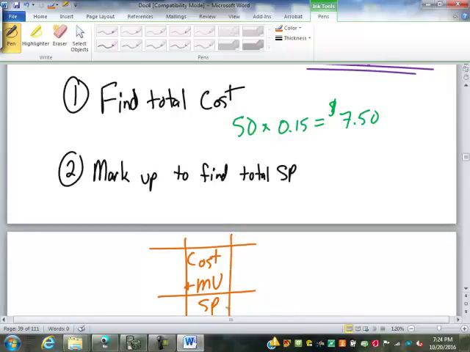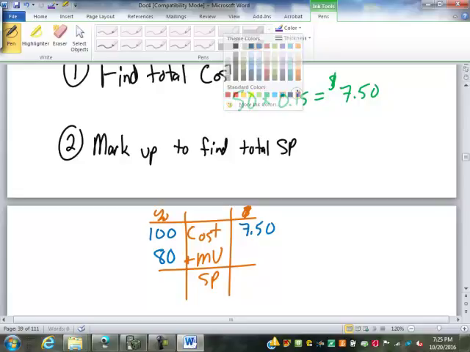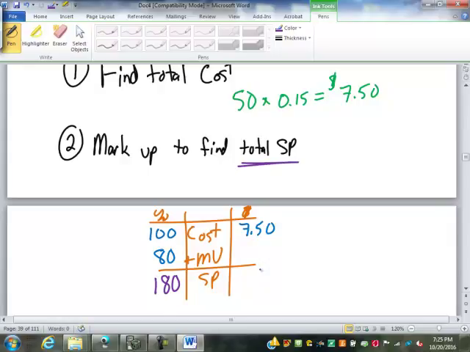This is just our table. So we know our cost is $7.50. Our markup, we said, had to be 80% markup on cost. So 80% goes there, and of course it's on cost, so 100% goes there. Which means this is 180%. And we are looking for the total selling price. So that's going to be this number right here.